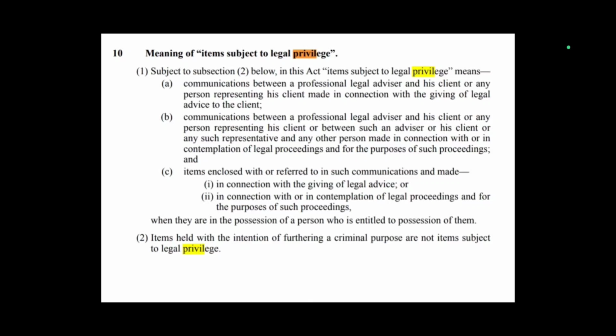So items held with the intention of furthering a criminal purpose are not items subject to legal privilege. Well, none of the petition material or the election material is intended for a criminal purpose. But election material, its function is to oppose persons or parties or candidates and persuade people not to vote for them, possibly even not to like them, and even to oppose them politically, which is what Get Khan Out is doing and Stop ULEZ, really, for the Mayor of London, but also petitions to Parliament.